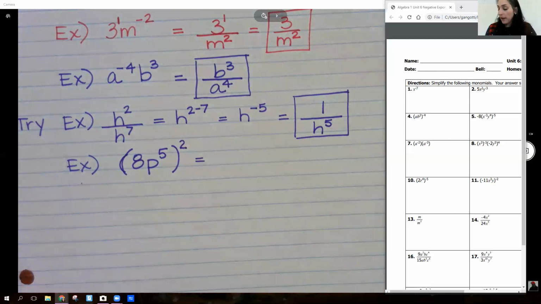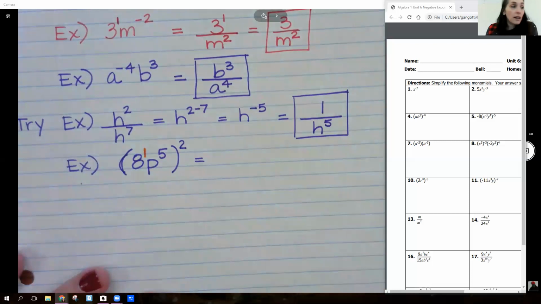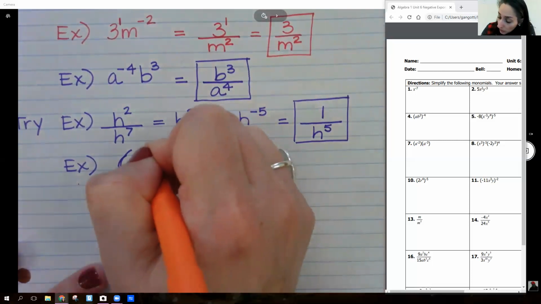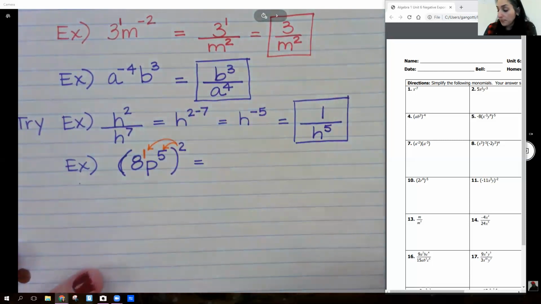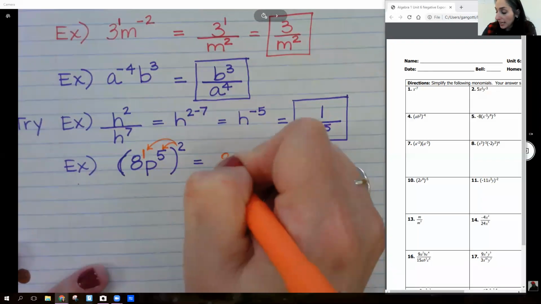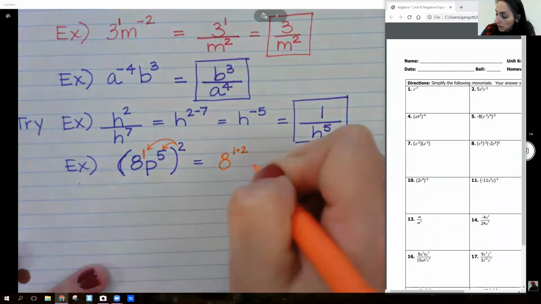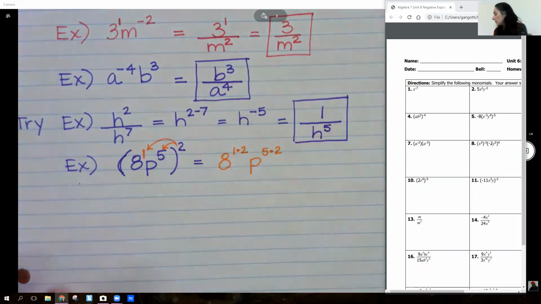All right, so remember how to do this because it's been like a little while. Remember this 8 has an exponent that's a 1. So you are going to distribute this 2 to each one of those exponents. So this will become 8 to the 1 times 2, p to the 5 times 2.